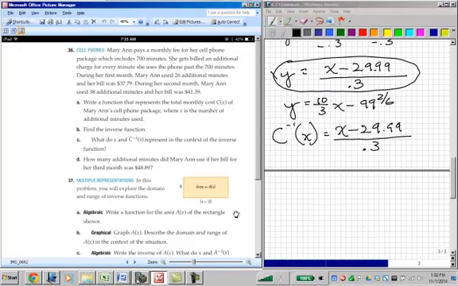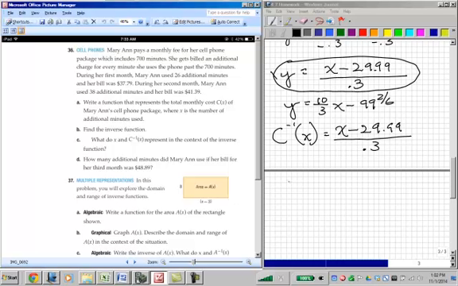So let's go through the questions. Find the inverse function. What do x, okay, so in this context, x is how much you paid. And the inverse of x is the number of extra minutes.